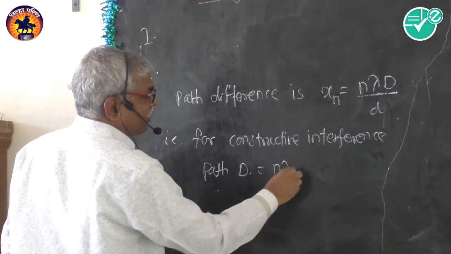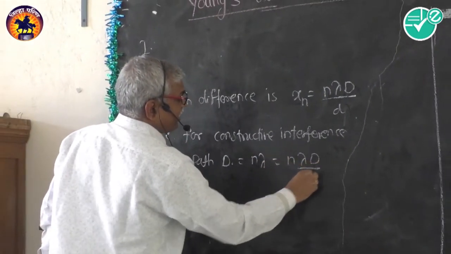Path difference is equal to nλ, and xn d/D is equal to nλ.